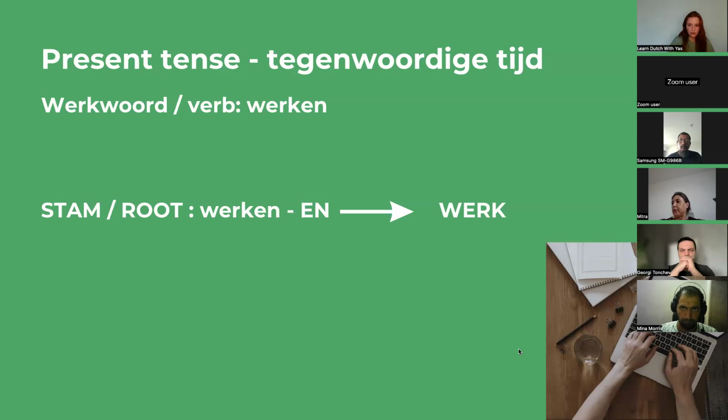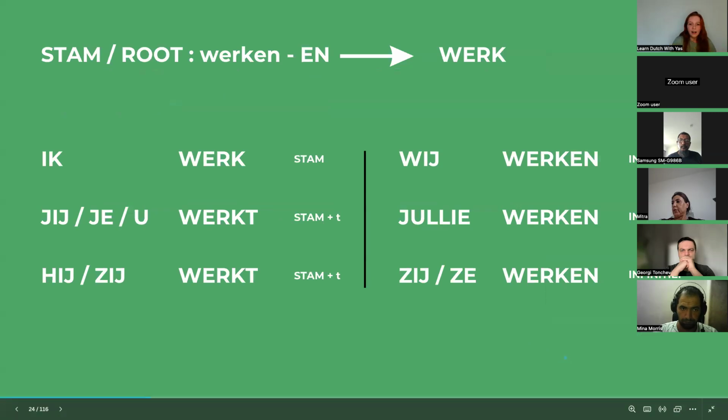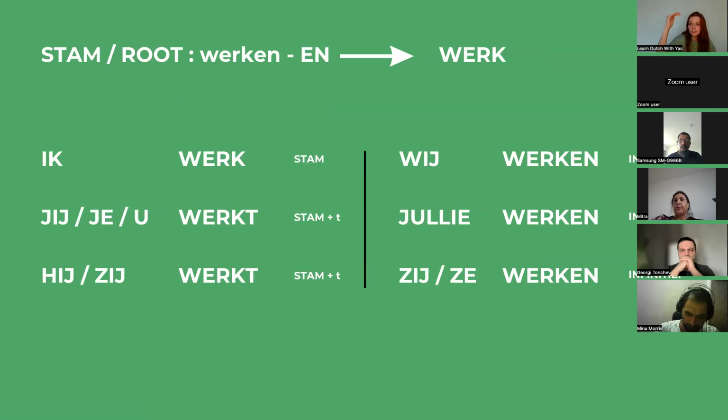So what are we going to do? We are going to add different kind of endings to this verb. So with the ik, when you're talking about yourself, it's just the stem. With jij, je, or u, which is formal, we're going to use stem plus t.